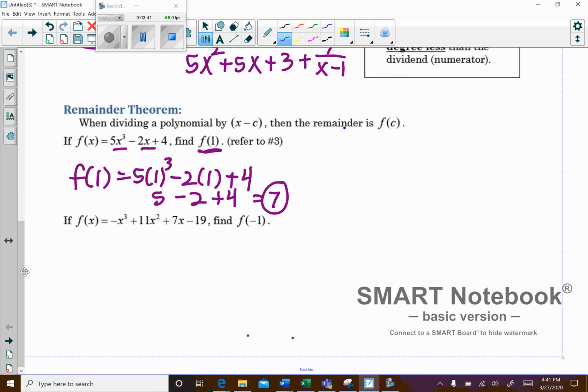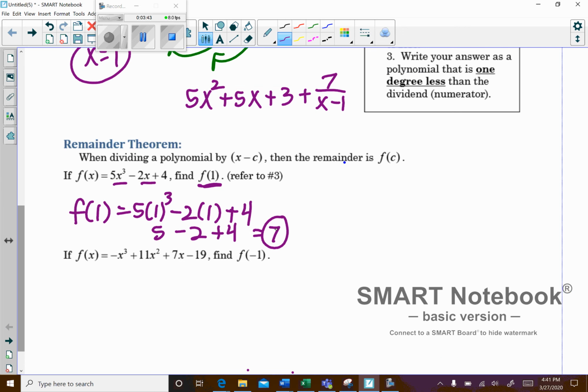And so the connection that we're trying to make here is that you can evaluate a function using synthetic division, and the remainder is actually the return value, your y value. So you let x equal 1, and it came back as a 7. So when x equaled 1, f of x, or y, equals 7 in that case.